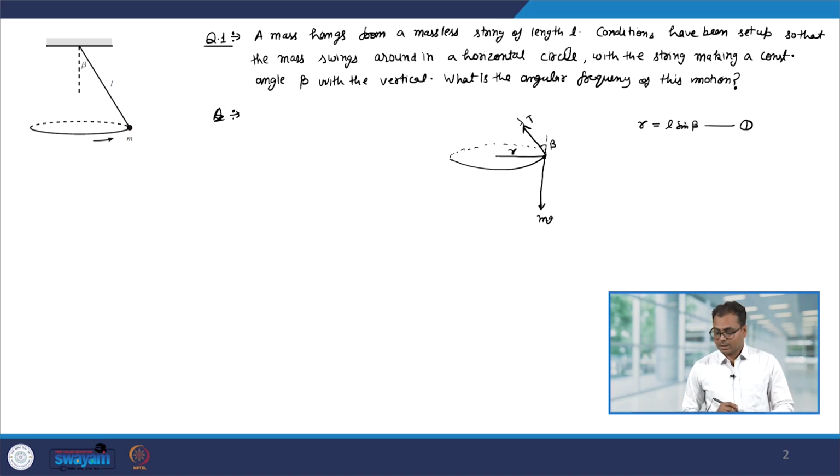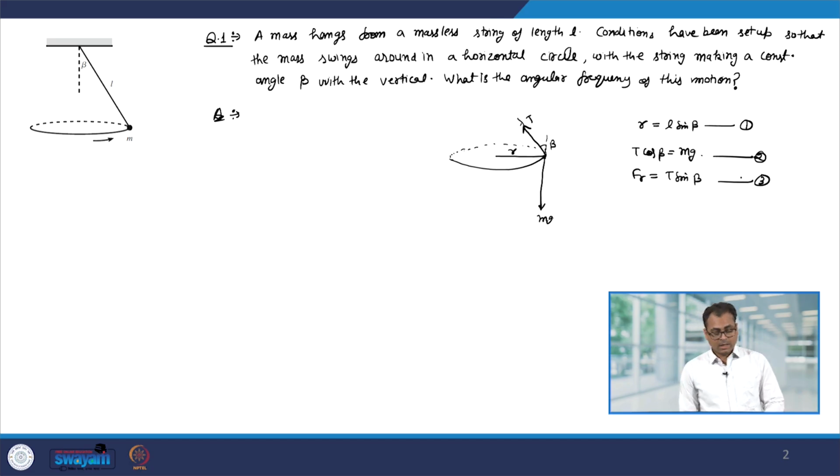The force balancing along the y direction gives you T cos beta equal to mg, and the force along the r direction, Fr, is T sin beta. Now, let us look at the equation of motion in the r direction. We have Fr equal to m r theta dot square, which can be written as m r omega square.